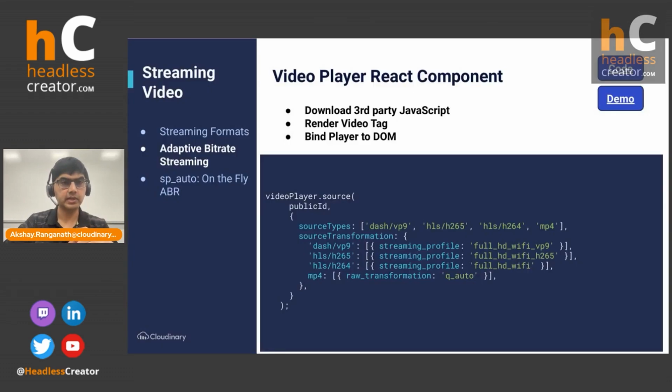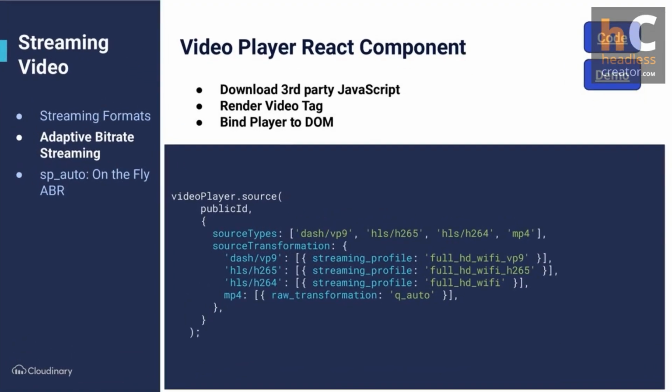Great. So let's go back to our presentation. So we spoke a lot about different profiles, the streaming profile of HD Wi-Fi, H265, and so on. Now, sometimes it can get a little confusing or a little hard to understand, right?